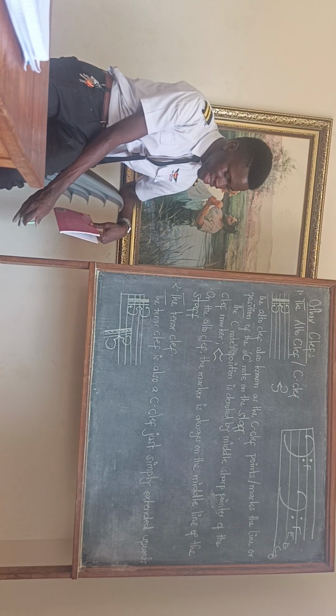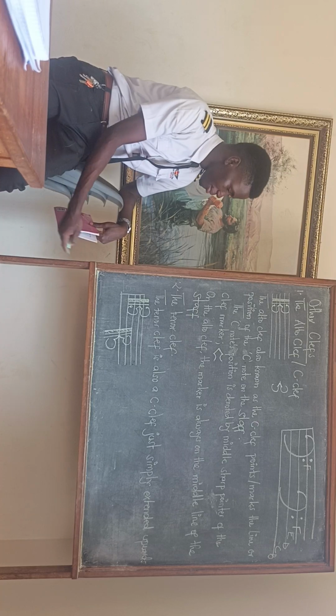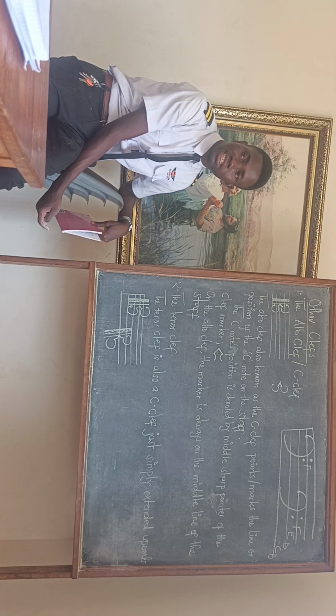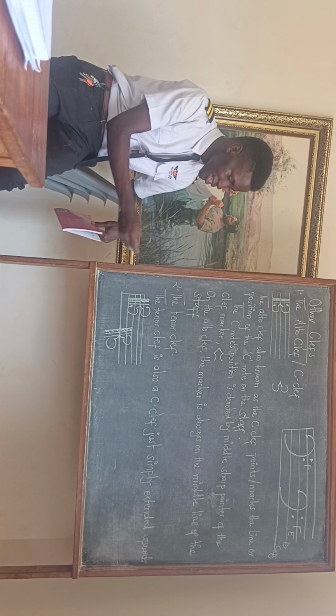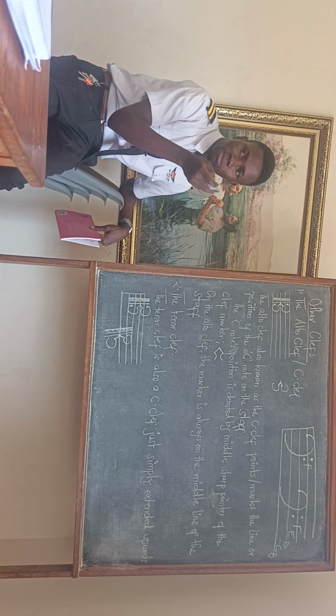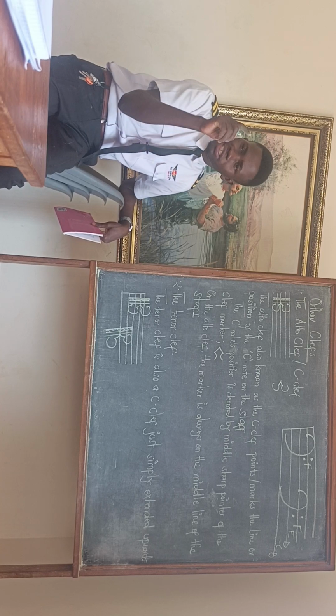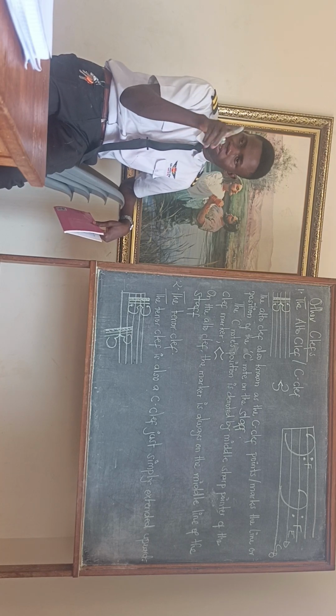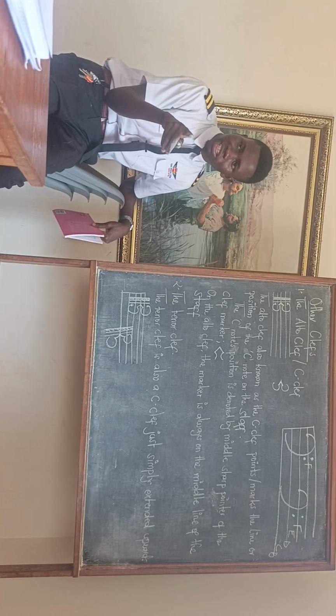From there, you just have to know that, oh, now the bottom line is C. So you start from there. C. The thing is to be vigilant. Where has it moved? For the treble clef, it is the starting part of the G clef.